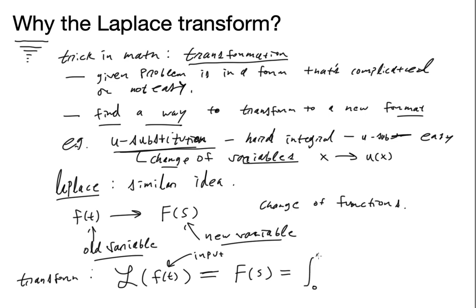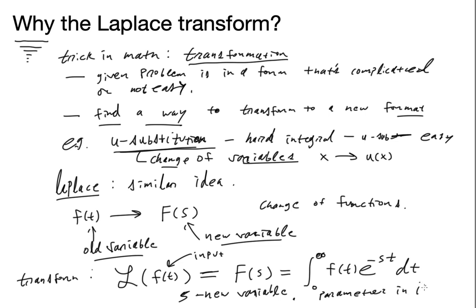It's going to be the integral from 0 to infinity of the input function, f of t, times e to the negative st dt. So it's an improper integral, okay? And s is that new variable. That'll be a new variable, right? And the idea here is that it's a parameter in the integral.